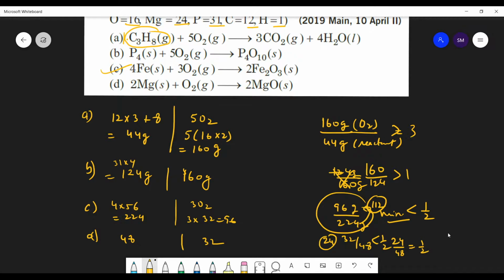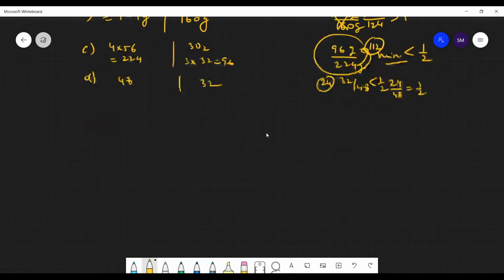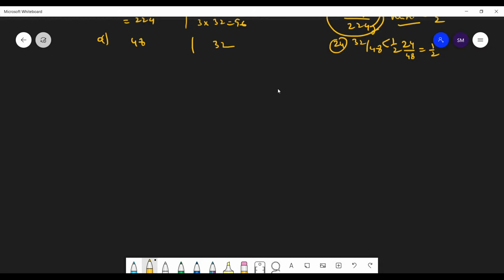Now students, we will do a very important concept today. There was a question in IIT 2019 based on that concept. And as I told you, that concept is not there in the NCERT, not even in the exemplar. So let us do that concept.